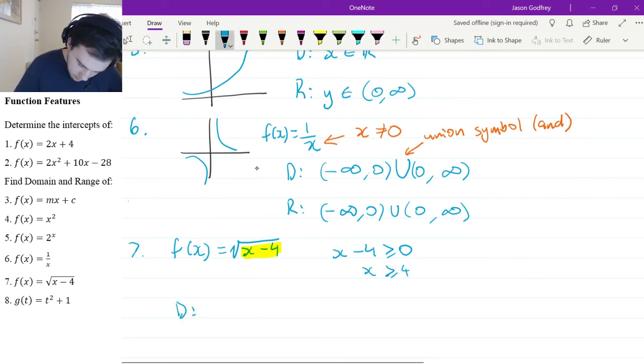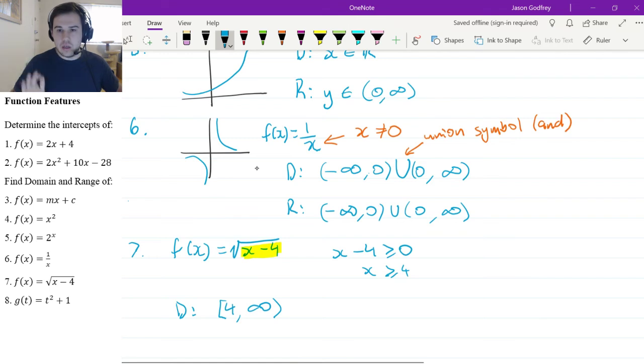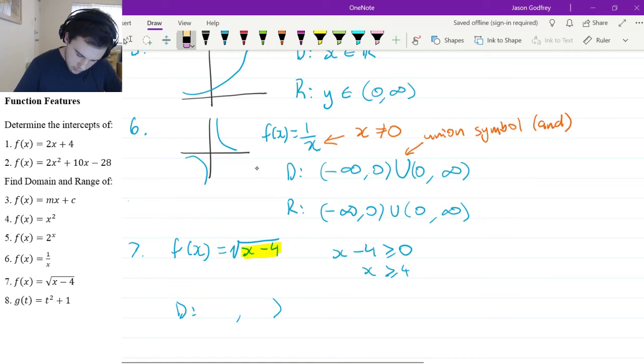So the domain will be from 4, and then we can put in any number above it, right? 4 minus 4 gives 0, and root 0 is 0, that's fine. 20 minus 4 is 16, root 16 is 4, that's fine. You know, 5 billion minus 4, we can square root that. Oops, I forgot to say x is in the set from 4 to infinity.